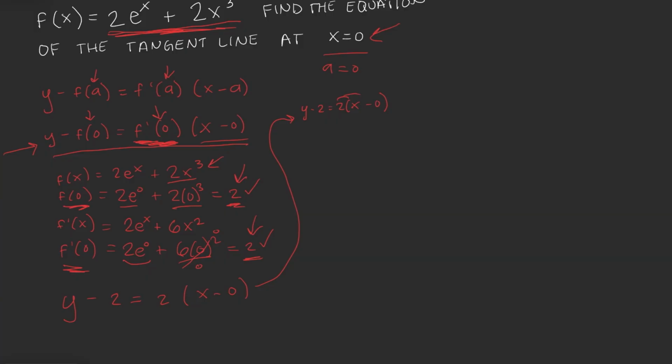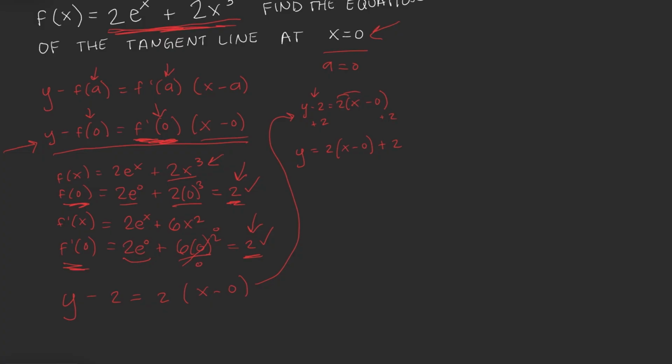So here, to get the y alone, we're going to add 2 to one side, add 2 to the other, which is going to leave us with y equals 2x minus 0 plus 2. Okay, so then we're going to distribute that 2, which would give us y equals 2x minus 0, because that 2 times the 0 equals 0.